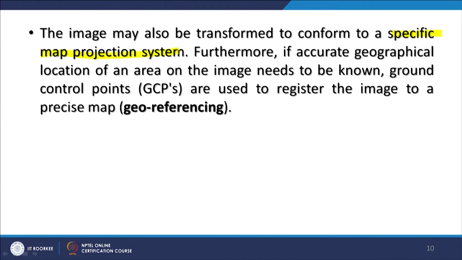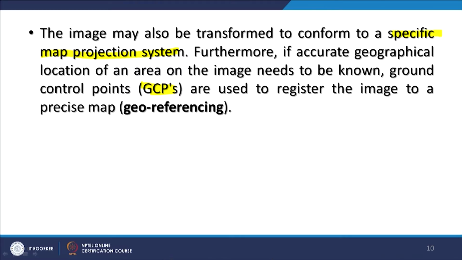They can transform the image to a specific map projection system. And if accurate geographical locations of an area of the image need to be known, then GCPs are used to register the image.